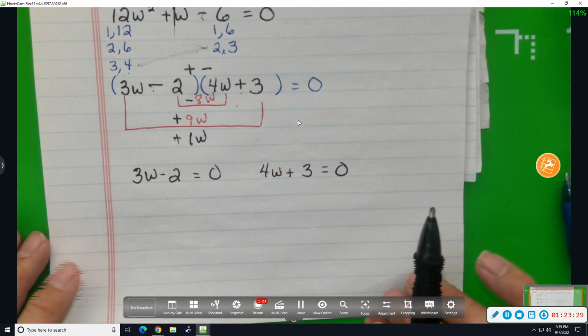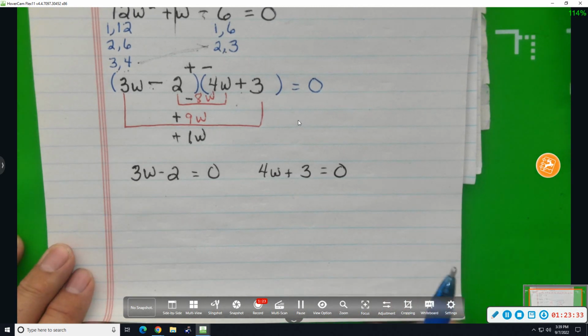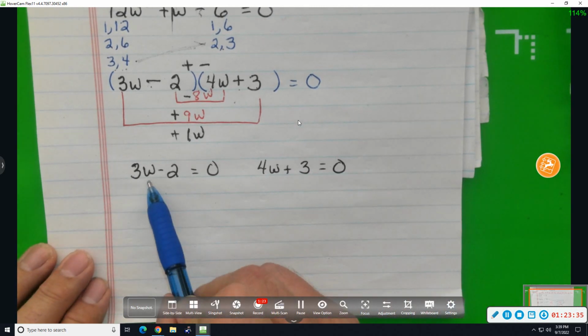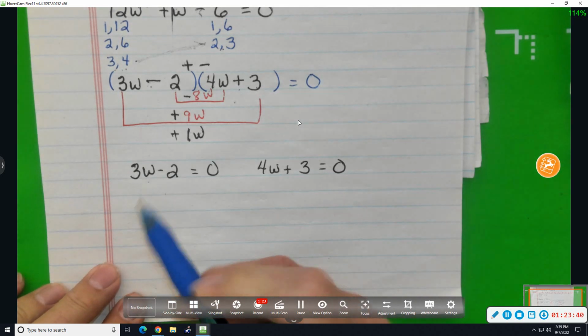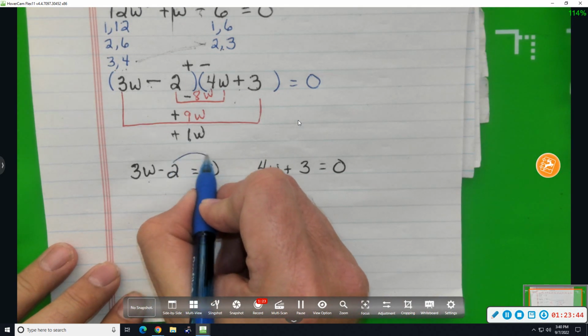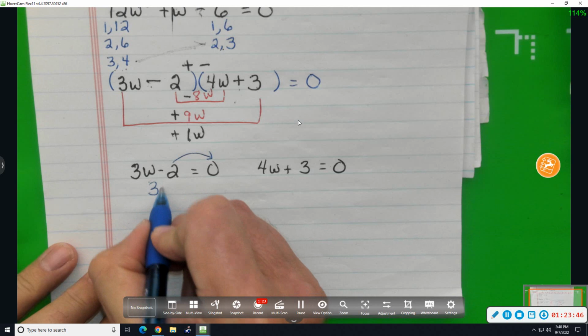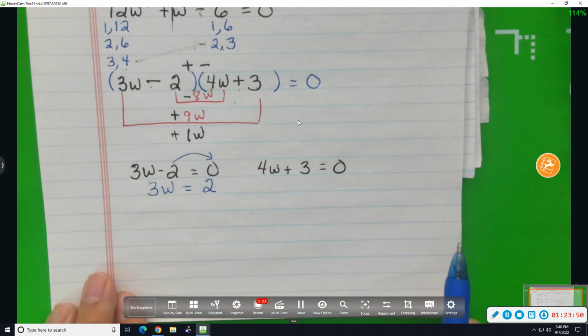It says solve the equation. So isolate the W by performing the opposite operations, beginning with addition and subtraction. So the first thing I would do is add the 2 to both sides, so that just moves the 2 and changes it to a positive 2.